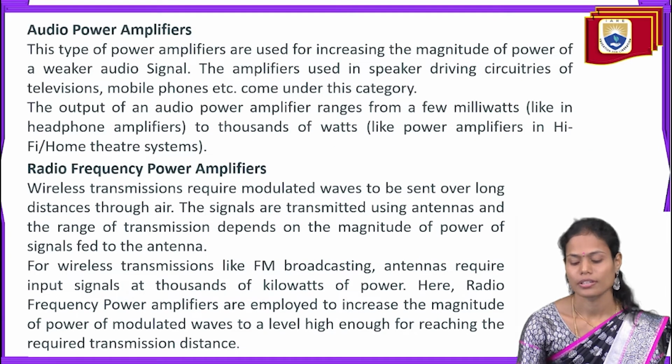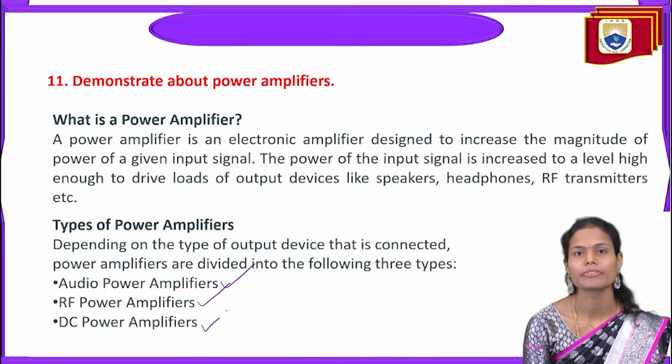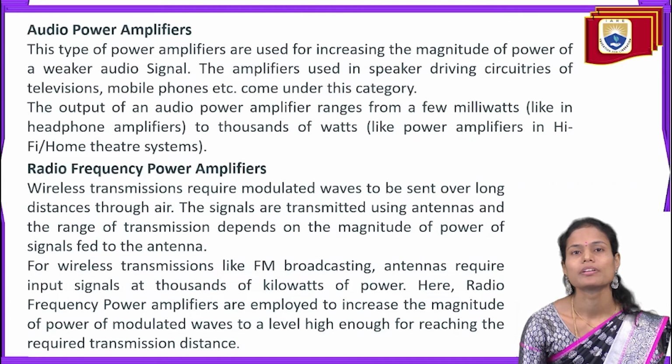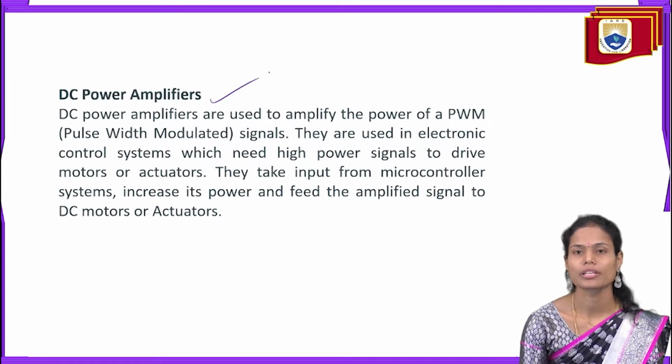So these are the different types of power amplifiers. We have audio amplifier, RF power amplifier, and DC power amplifier here. So we need to explain about audio power amplifiers, radio frequency power amplifiers, as well as DC power amplifiers. Just what function they are going to perform, we need to explain.